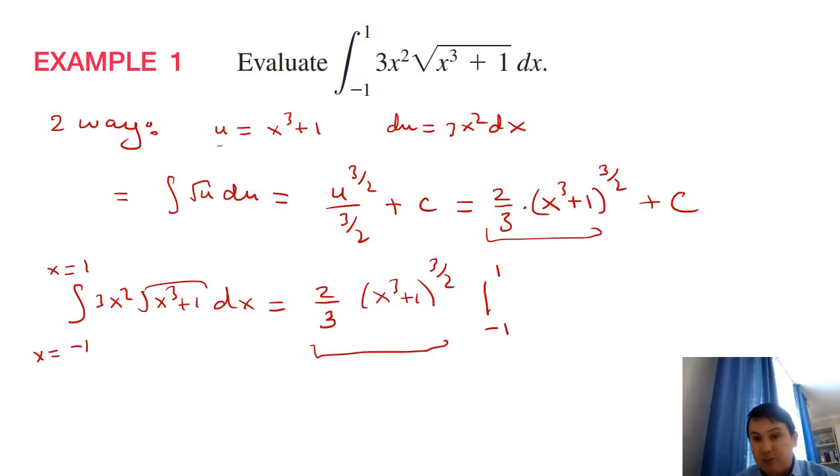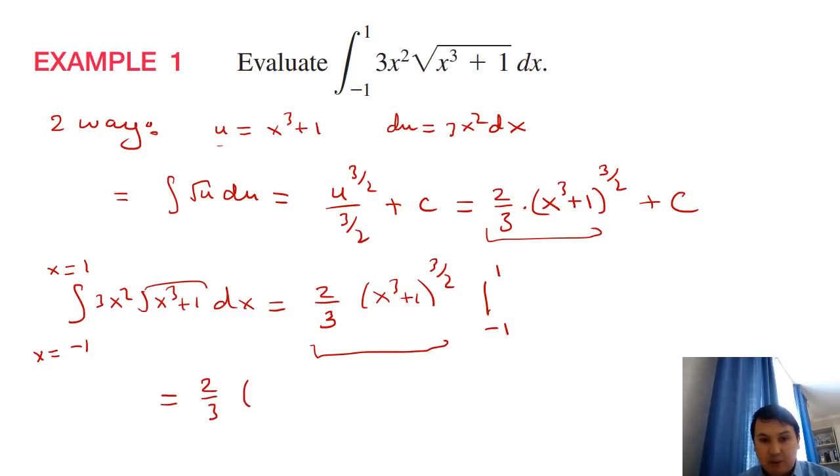If you leave your integral as u, then you need to use the corresponding limits like we did in the previous slide, right? 0 and 2. But here, because I went back to my original variable x, I use my original limits, -1 to 1. So then you substitute x equal to 1, you get 2 over 3.